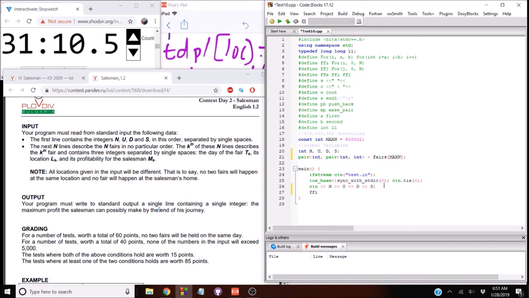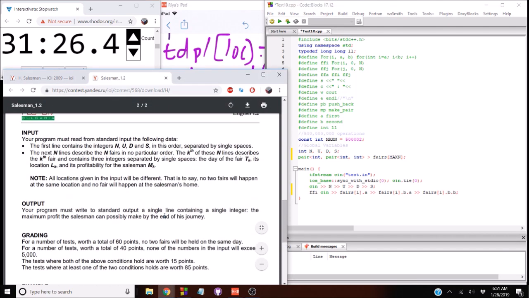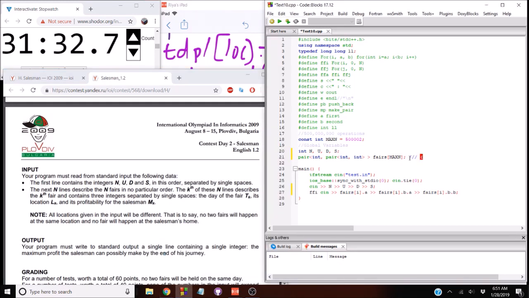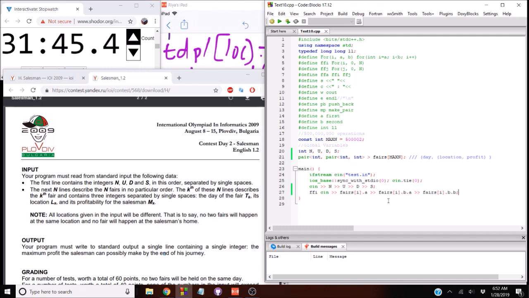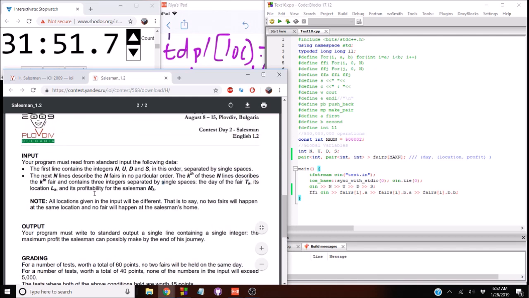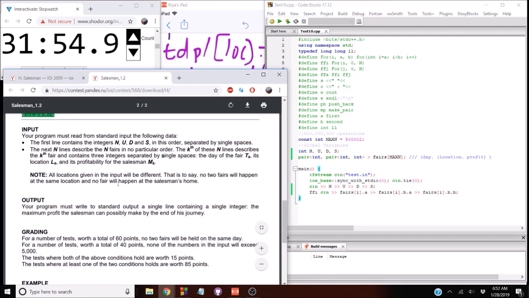This loops for i from 0 to N. Okay, the next thing in the input. Oh, I think that's it. Cool.